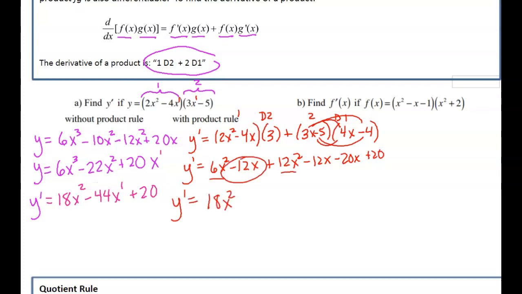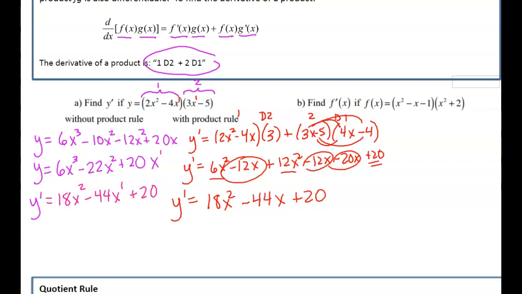I've got this, this, and this. And this one. And so you see, we get the same answer. They are completely different strategies though. So you get to decide which one you like. Honestly, if it's going to be optional, I would probably avoid the product rule.